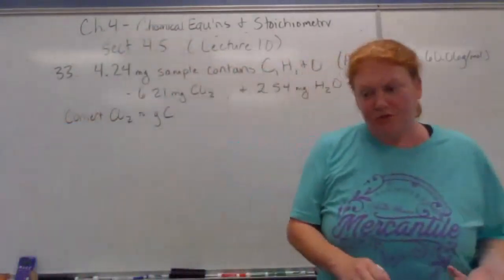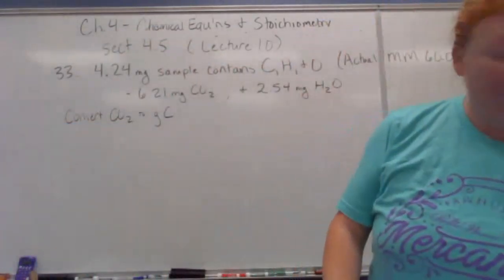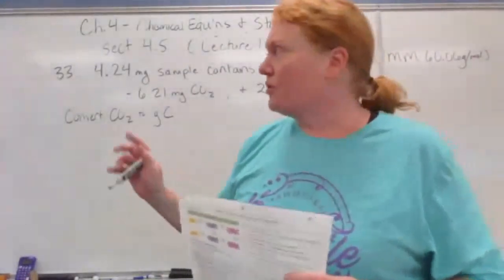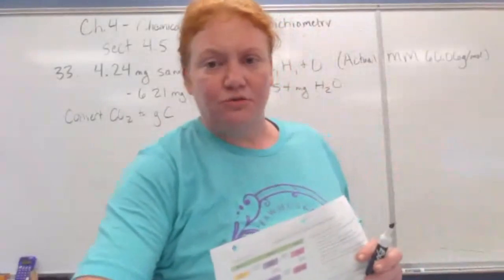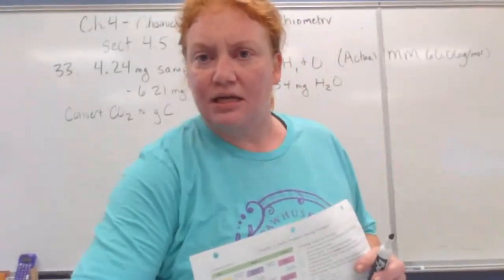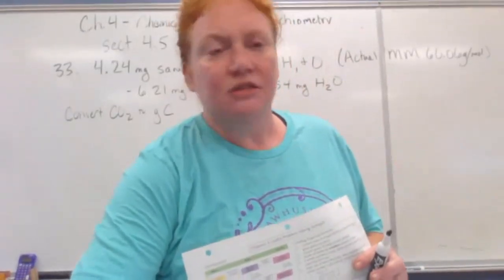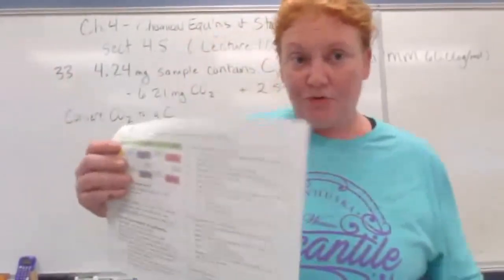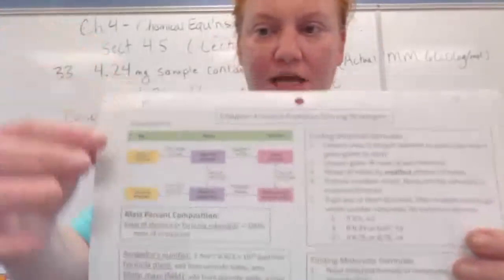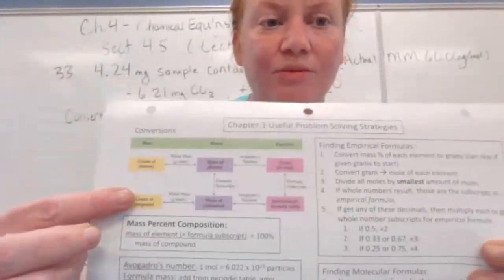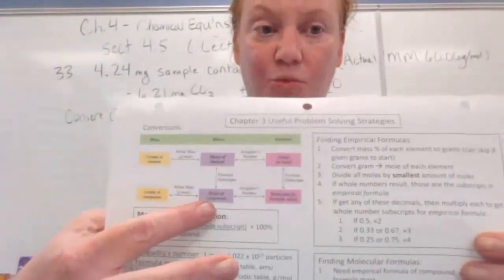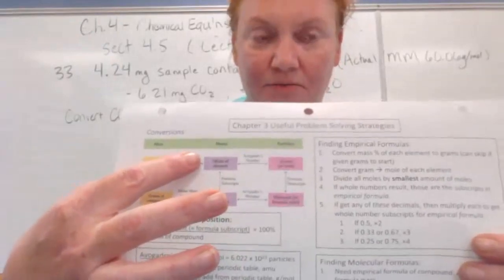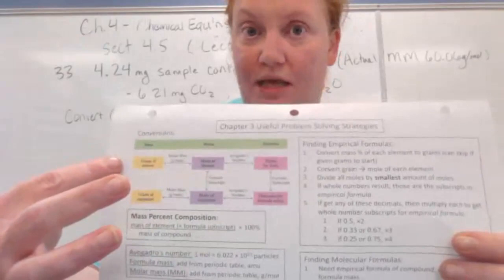And there's two ways that we can do this. We can set up a train track, which is actually what I believe the solution is on the slides. Yeah, on the slides, I solved this like a train track. If you go back and look at chapter 3, we learned how to convert from grams of a compound to moles of the compound to moles of an element in the compound, then to grams of the element.